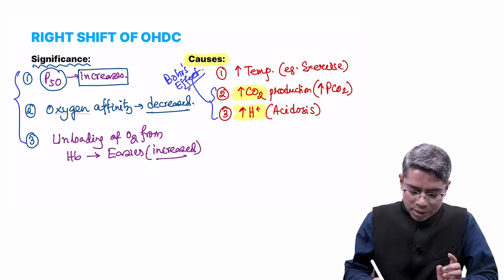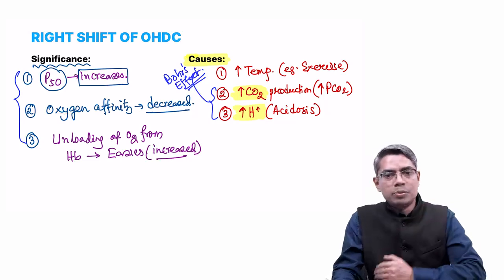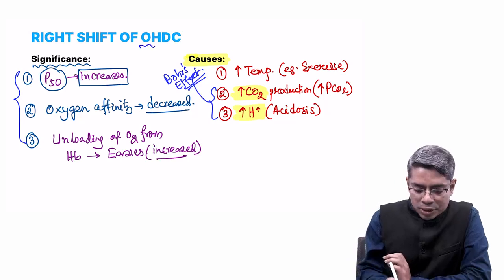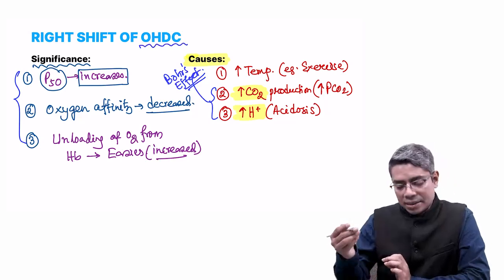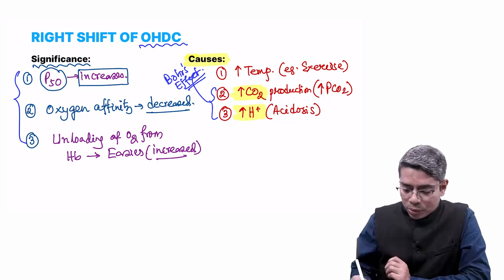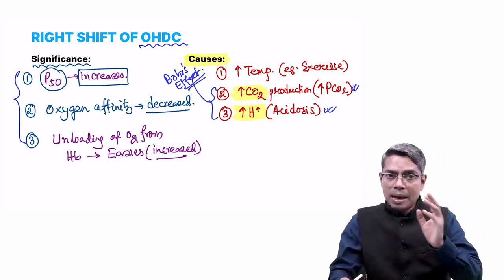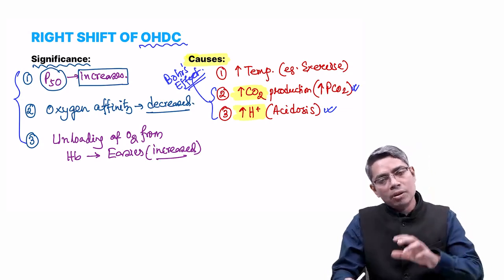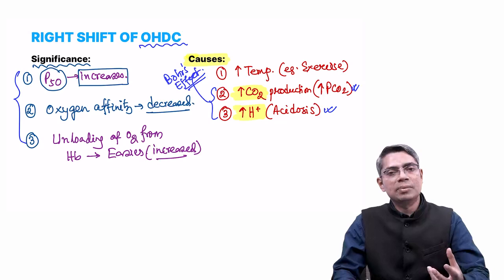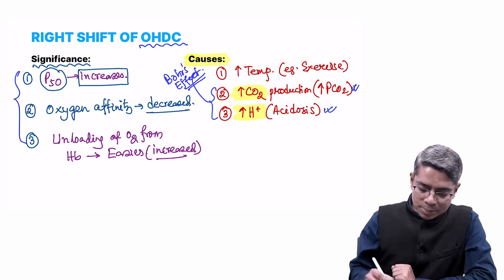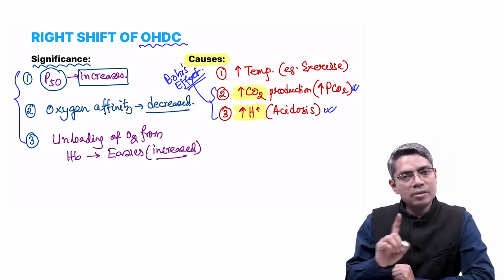This Bohr effect you will understand more in the carbon dioxide transport chapter, but for the time being remember that if the oxygen hemoglobin dissociation curve is shifting to the right either due to increased H plus ion or due to increased carbon dioxide, then that kind of right shifting of the curve is also known as Bohr effect, right? But if the curve is shifting to the right due to increased temperature, that is not Bohr effect.